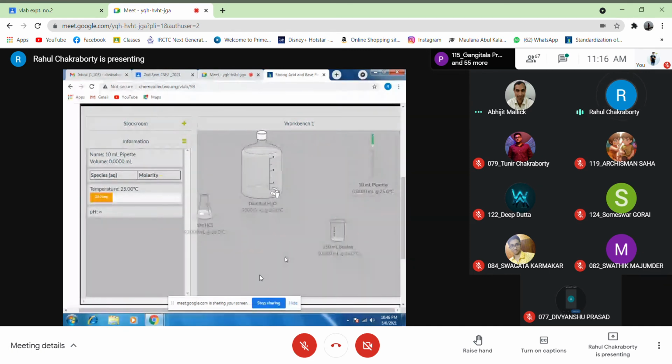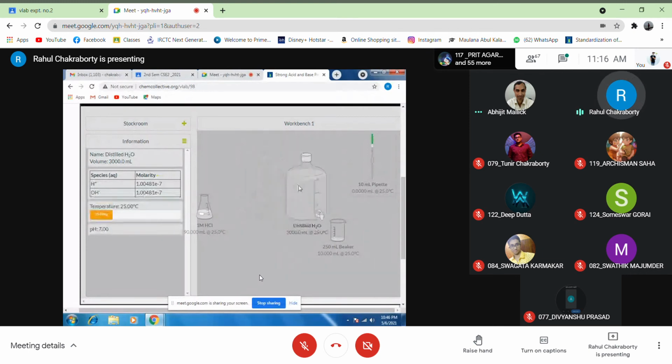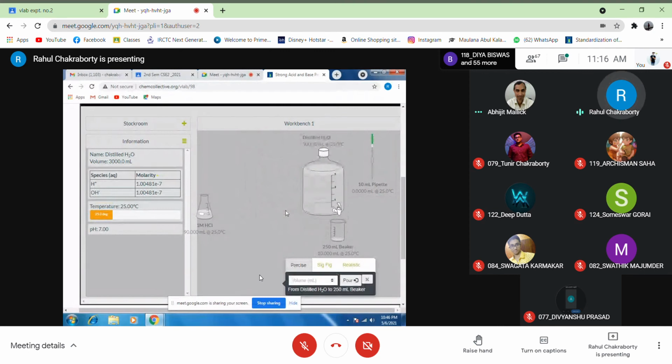Then add 80 ml distilled water to this HCl: select distilled water and dip into this beaker, 80 ml.